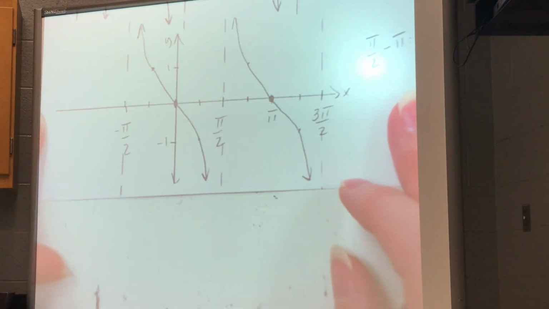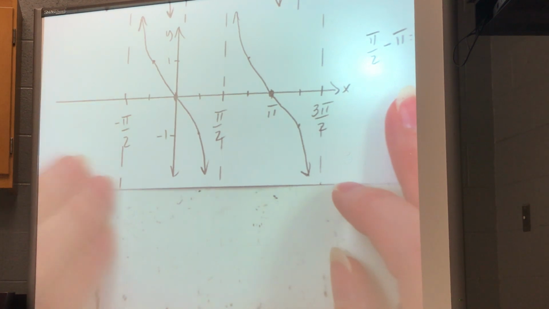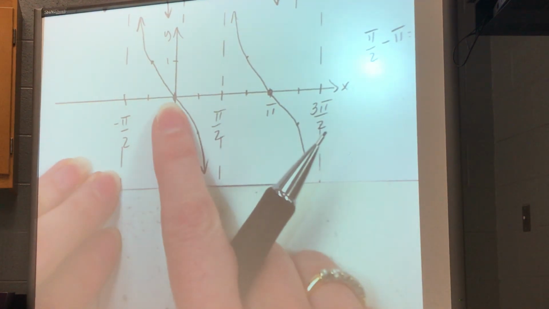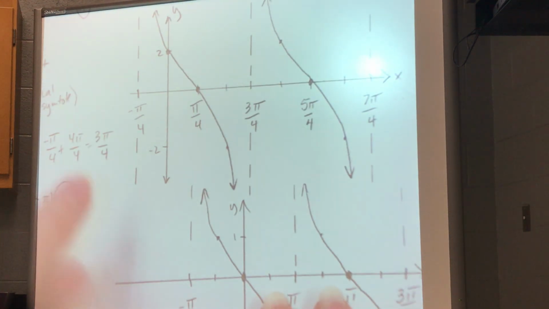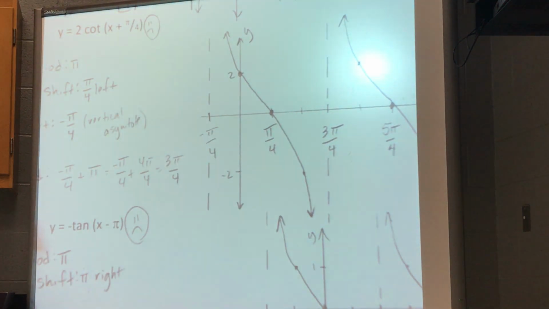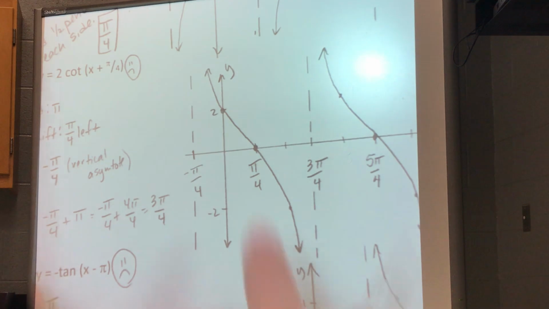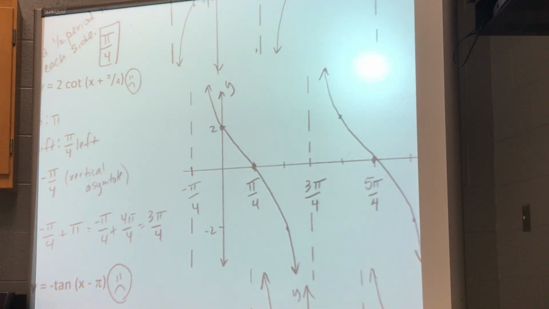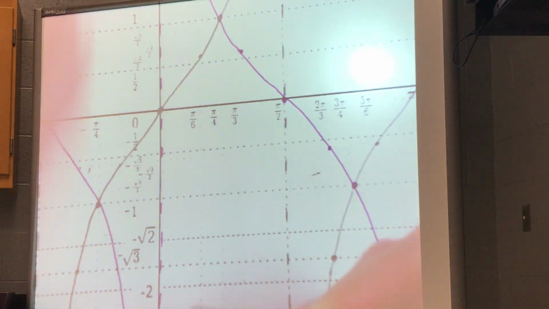On the x-intercept thing, why did we not use that on cotangent to find the start? Okay, because on cotangent, the starting of the period is at the vertical asymptote. Let me say that again. On cotangent, 0 was a vertical asymptote, so that's the start of the period.